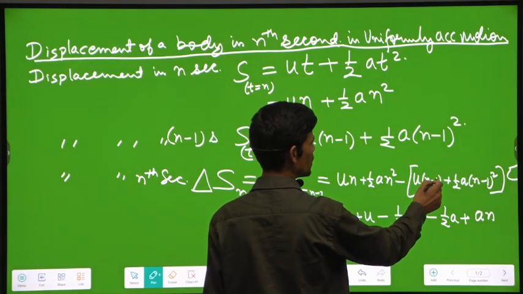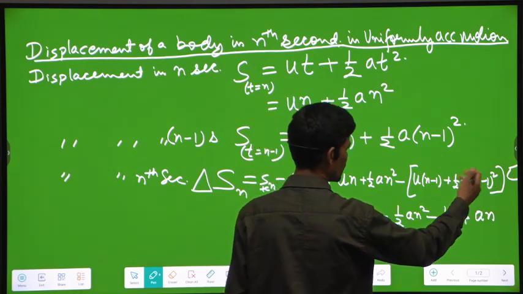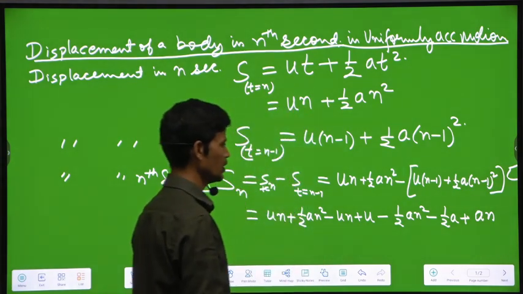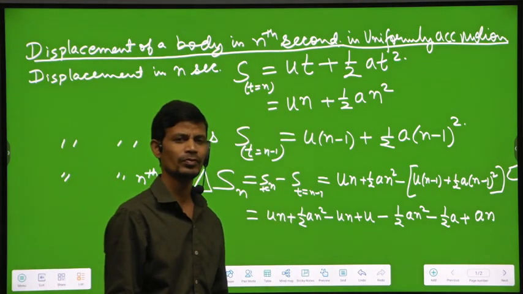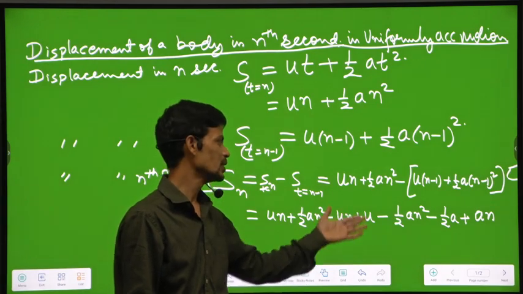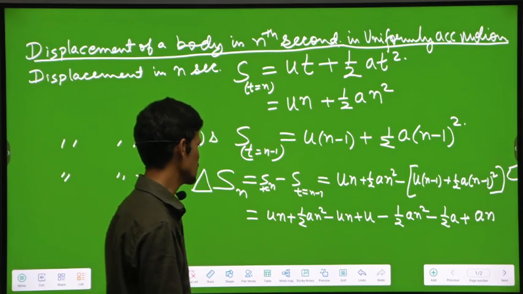First multiply inside, expand the square, then open the bracket, then take the negative sign inside. Later on when you become an expert, you will be able to solve it very easily.